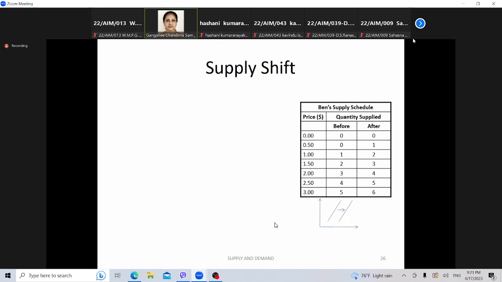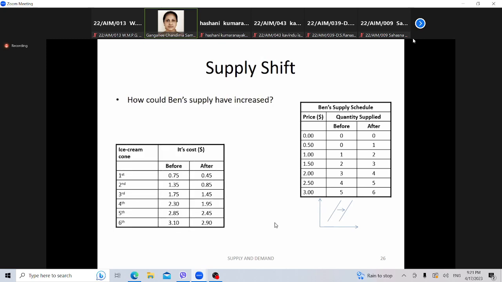This is the supply schedule at different prices. What is quantity supplied? Then see before and after. So first, second, third, fourth, the ice cream cone costs they have given with the prices, they could show how it varies the supply. Okay.